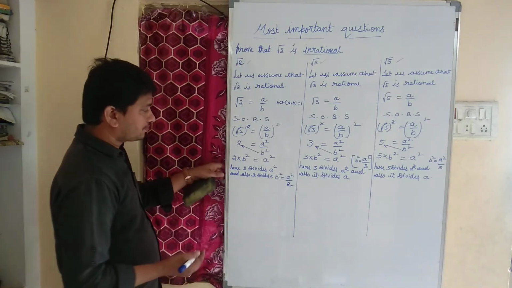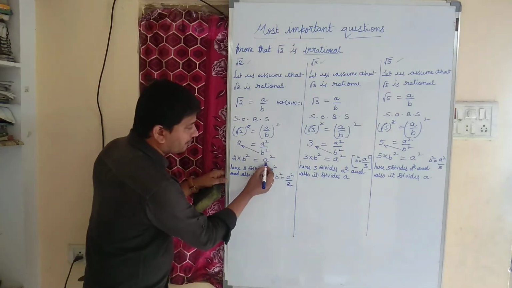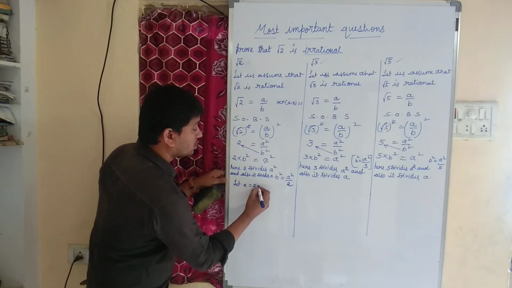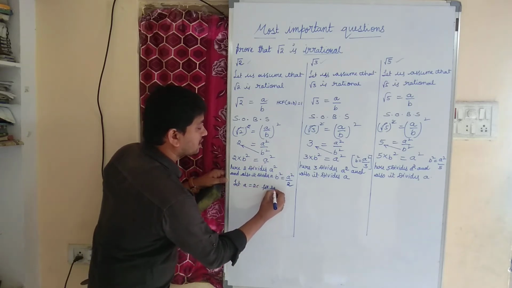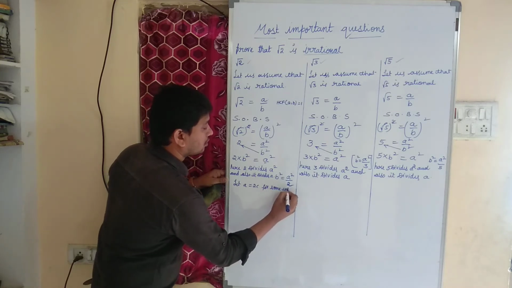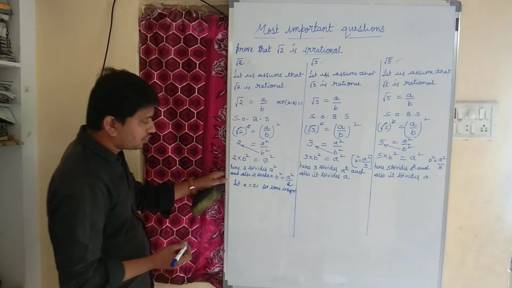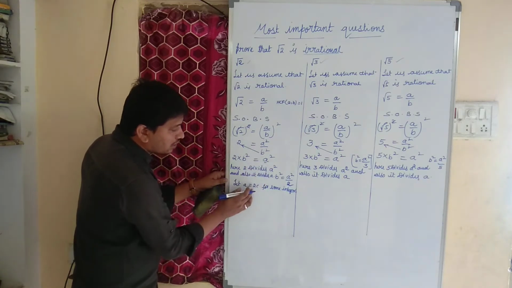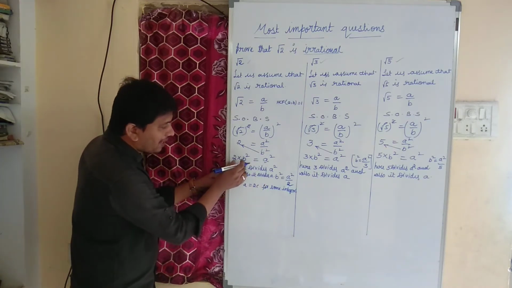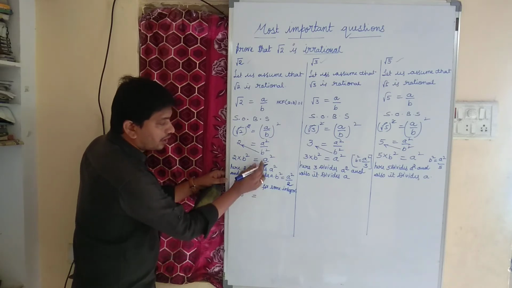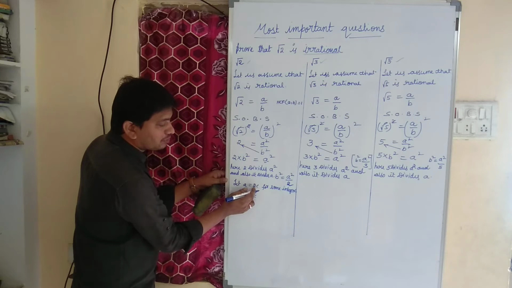So what you do? Let a equal to 2c for some integer c. So what you do? In place of a, you substitute 2c. This step as it is, children, that is 2b square equal to, in the place of a, let us substitute 2c.